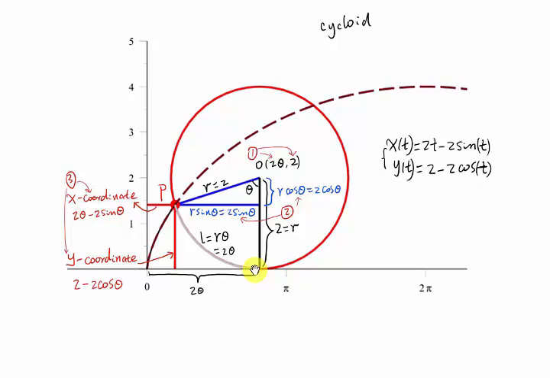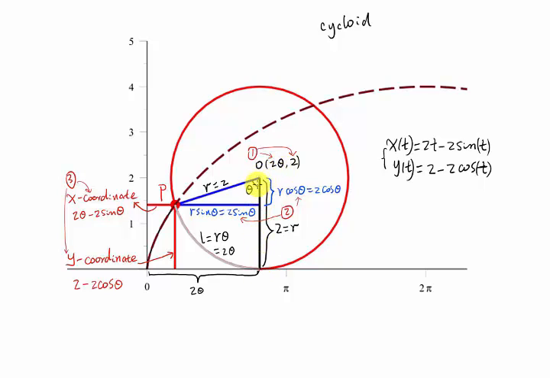So here we need 1, 2, 3 steps to figure out the equation of this trace, of this dashed line. Step 1, we want to find out the XY coordinate of this center, O. I mark this one. How to find out? The Y coordinate is easy.